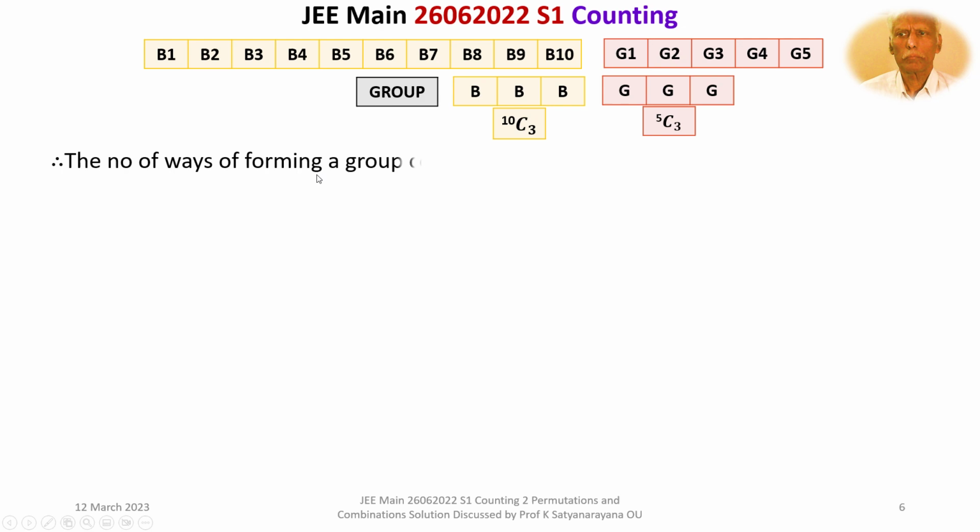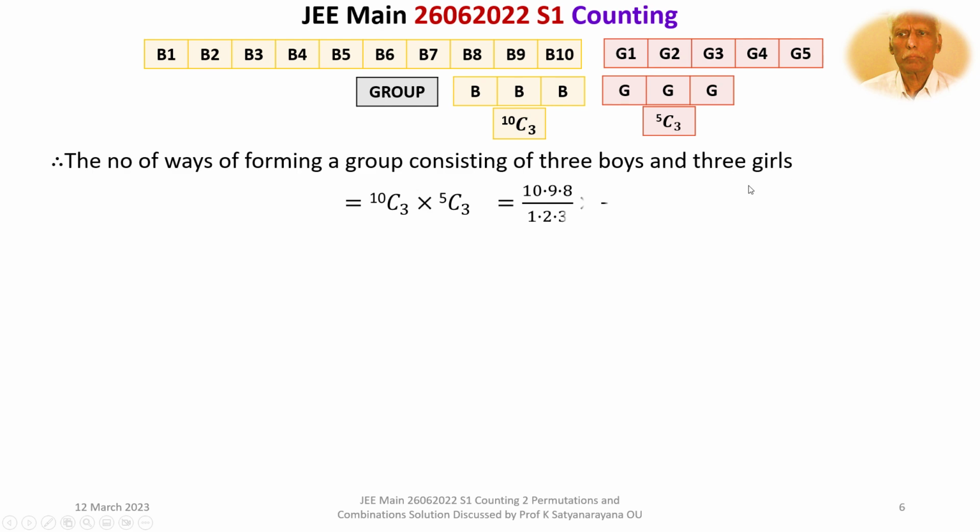The number of ways of forming a group consisting of 3 boys and 3 girls is 10C3 multiplied by 5C3 by the product rule of counting. 10C3 is 10 into 9 into 8 by 1 into 2 into 3, multiplied by 5C3, which is 5C2, that is 5 into 4 by 1 into 2. After simplification we get 1200.